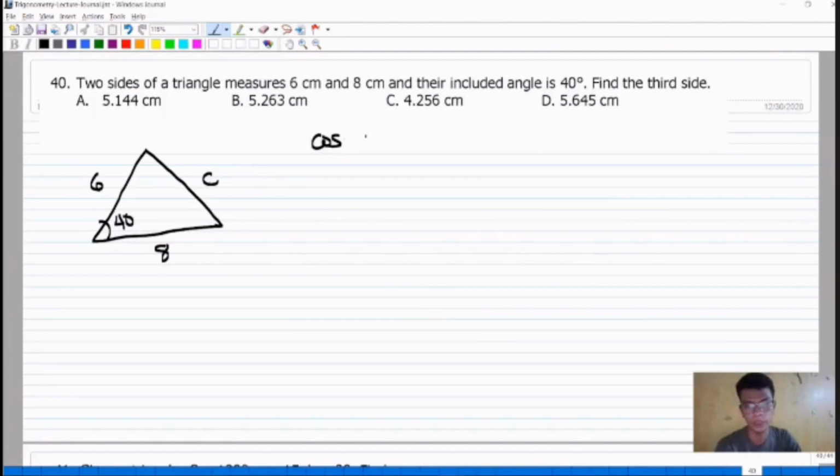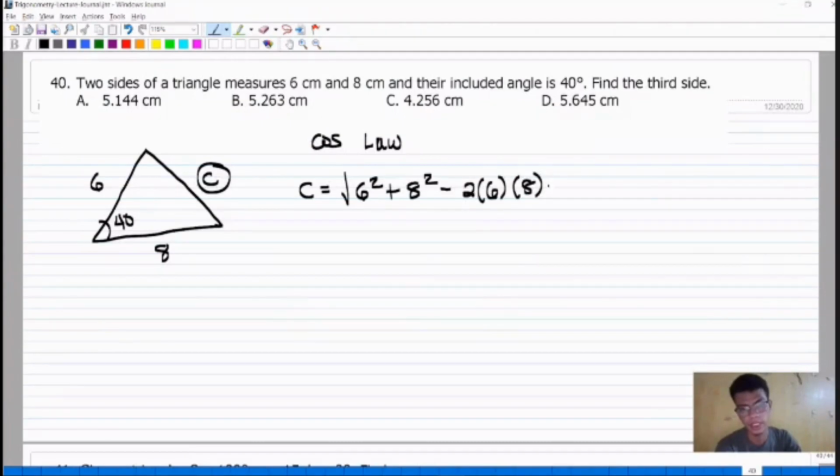Visible na visible that we will be using cosine law dahil unknown ang opposite side ng given angle. So, diretsuhin na natin ha. The value of C will be the square root of 6 square plus 8 square minus 2 times 6 times 8 cosine 40.